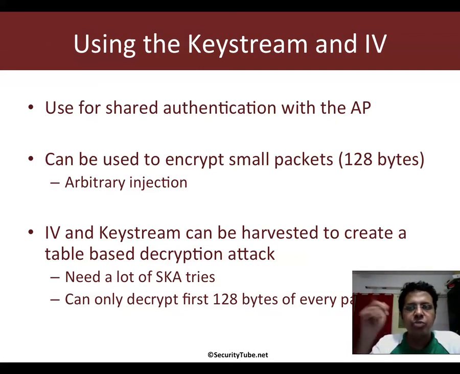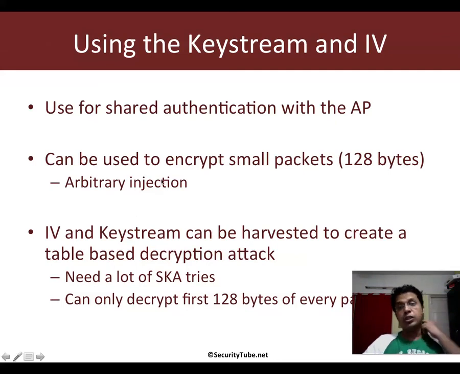Of course, the maximum size is 128 bytes because that is the size of our key stream which we have retrieved. What this means is we can inject arbitrary packets up to a maximum size of 128 bytes without knowing the WEP key. Most important thing, we still don't know the WEP key, but we are still able to inject.